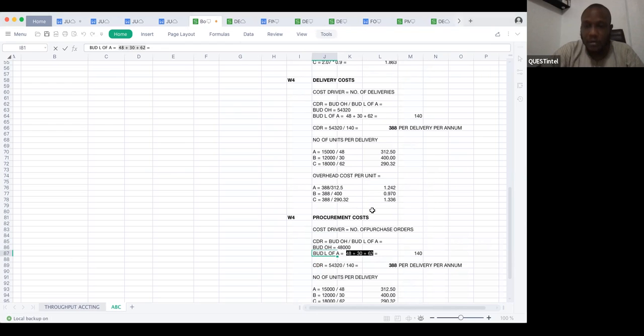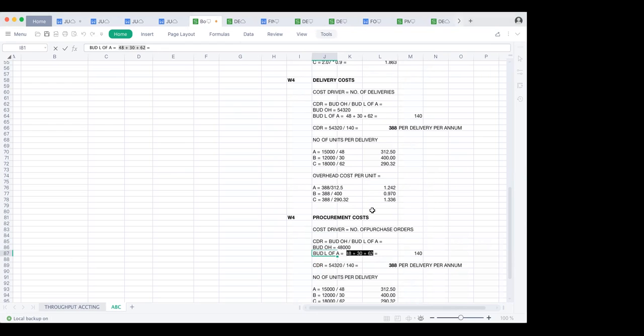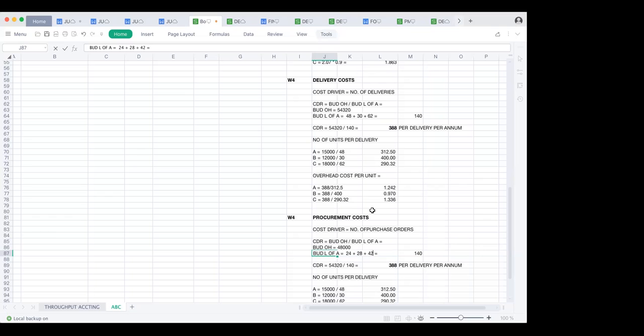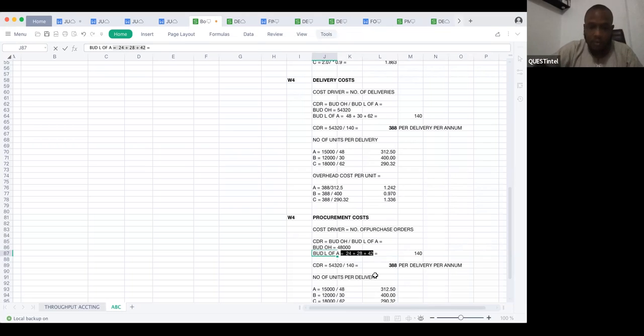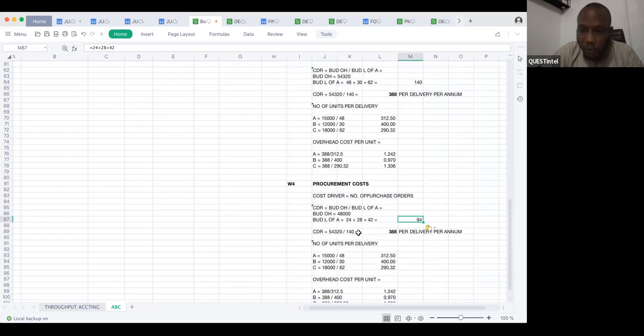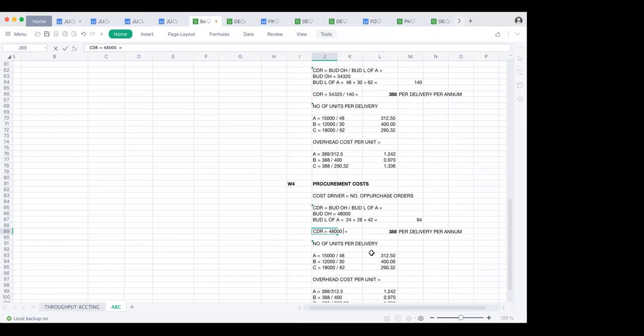What did we have there? 24 plus 28 plus then 42. All right, so we have 94 here. So our cost driver rate will now be 48,000 over 94. Good.